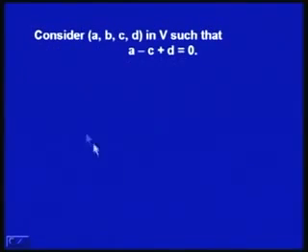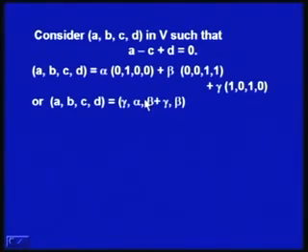for V. So, for this purpose we consider (a, b, c, d) in V satisfying the given constraint a minus c plus d equal to 0. So, we express this vector (a, b, c, d) in V as a linear combination of vectors of the given set.